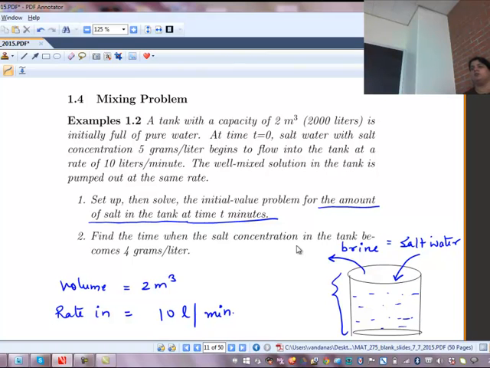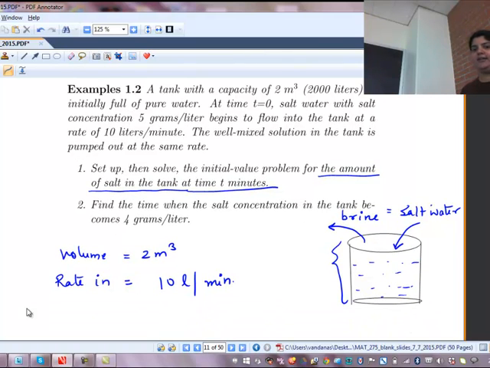Because if we want to set up a model, we have to look for an unknown function. The unknown function, I would say here, is the amount of salt at time t, because that's what we are trying to find eventually.